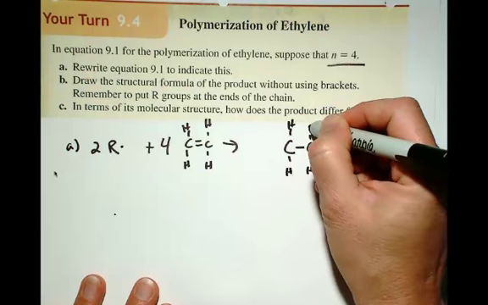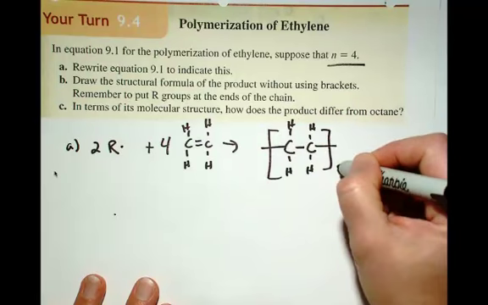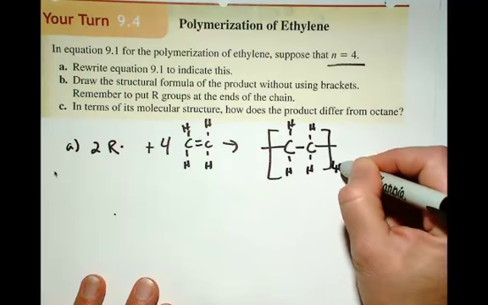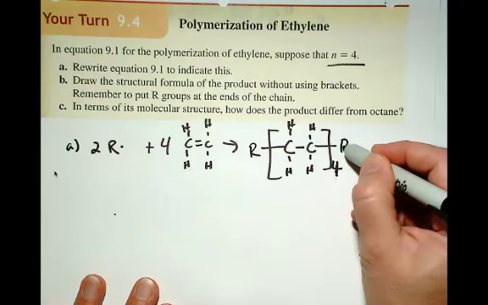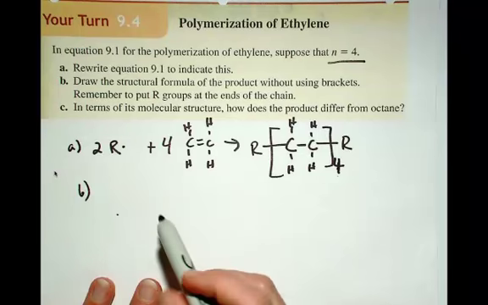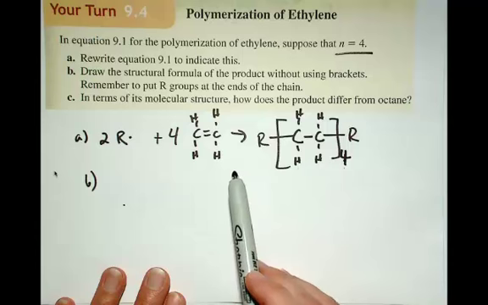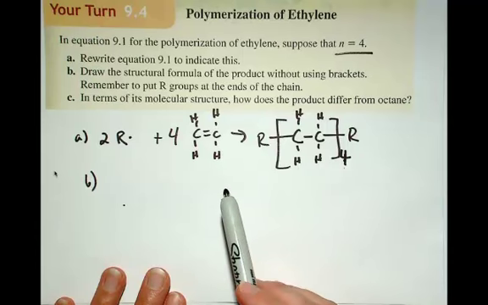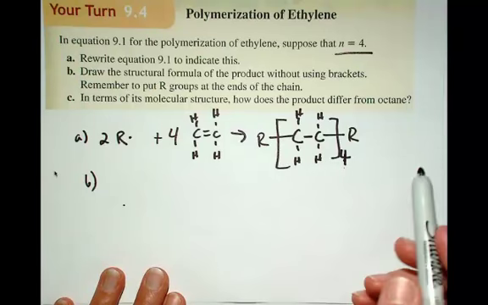It's going to be a polymer that's 4 monomer units long. So you put the monomer unit in brackets, and then you say 4 down here, indicating that there's 4 of these, and then there's an R on either end. Okay? So that's how we would represent a polymer that's 4 units long. And then B, it says draw the structural formula without brackets, so draw it out.